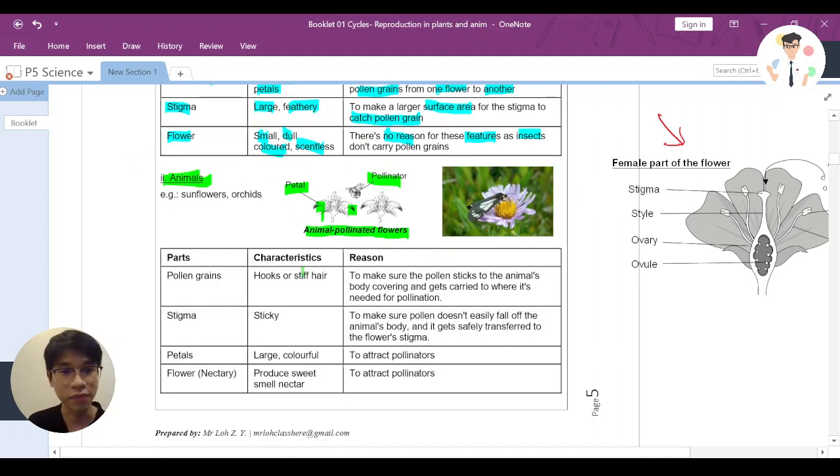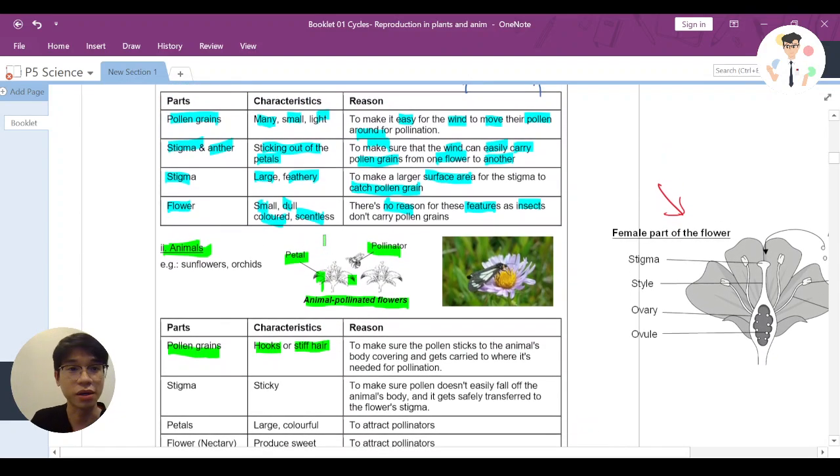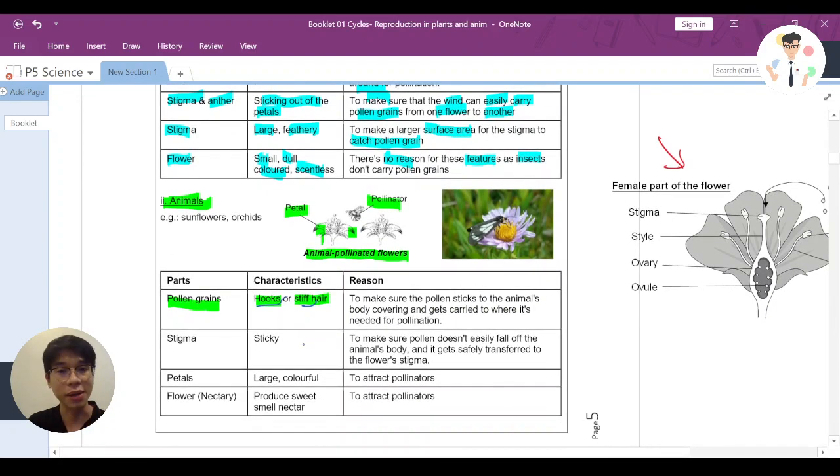Animal pollinated flower pollen grains usually have hooks or stiff hair, which is different from here. The wind pollinated ones are many, small, and light, but here it's hooks or stiff hair. Why are pollen grains in animal pollinated flowers not many, small and light? Again, it's not by wind, but by the pollinator, for example the bees.